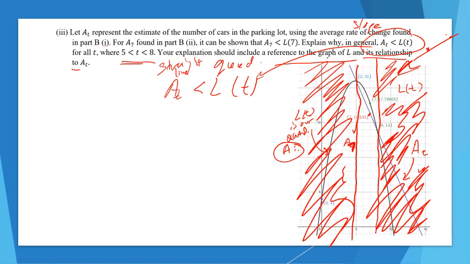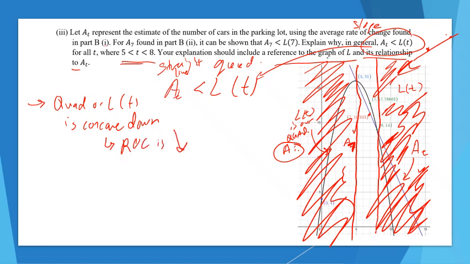And so, as we can see, something that we want to point out is the quadratic, or L of t, is concave down, which means the rate of change is decreasing, while the rate of change of the straight line, or A of t, stays the same.